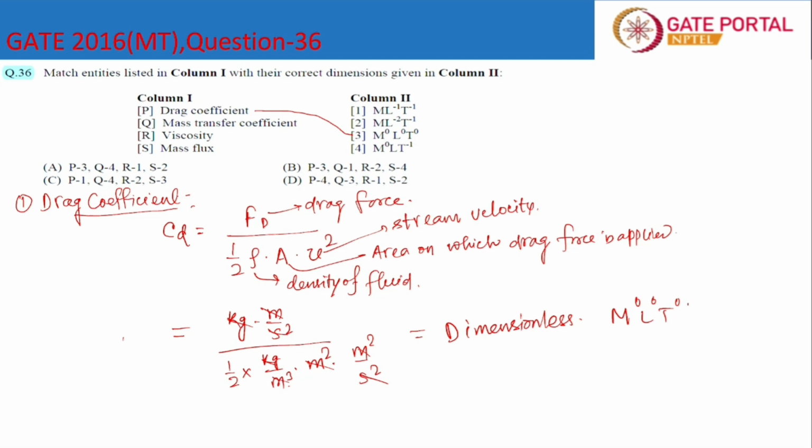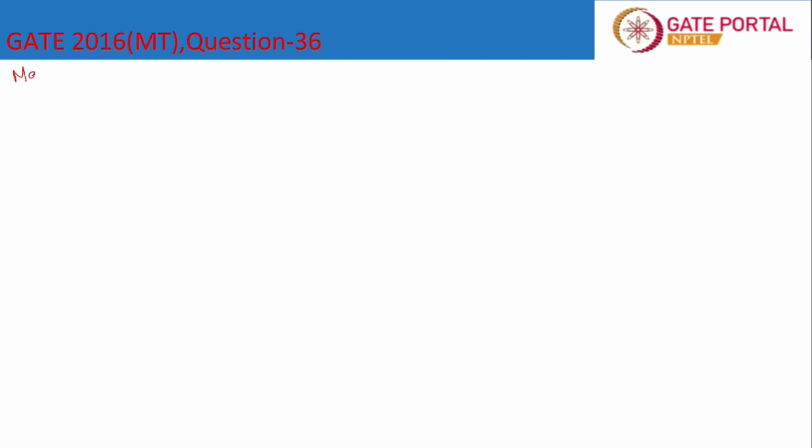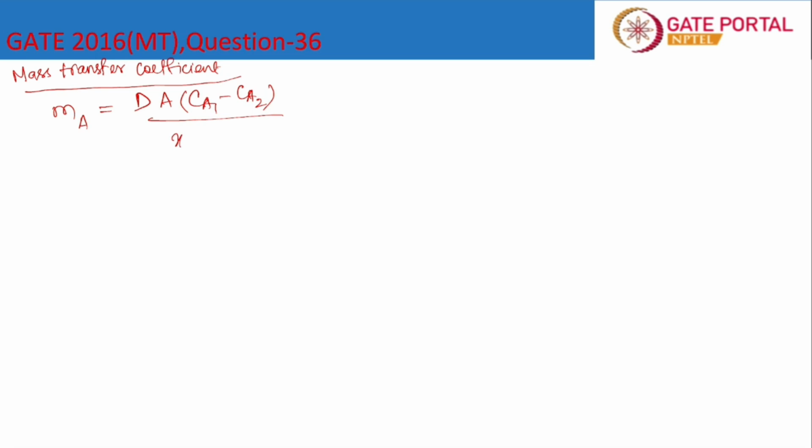Okay, so now let's consider the mass transfer coefficient. So we can write the equation. Suppose mass transfer rate of A is equal to, so this is the mass transfer rate of A, that we can write atoms per second.